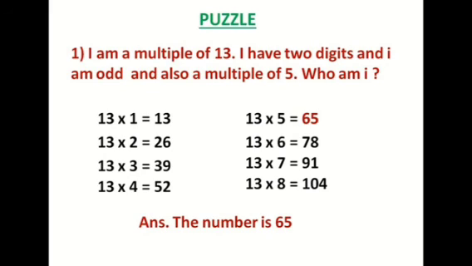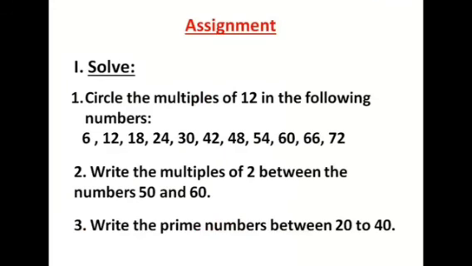I hope you have understood. Look at the assignment here. First main, solve. Question number 1. Circle the multiples of 12 in the following numbers: 6, 12, 18, 24, 30, 42, 48, 54, 60, 66, 72. The numbers are given here. You have to find out which are the multiples of 12.